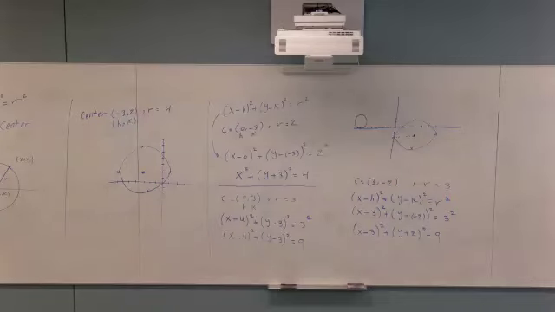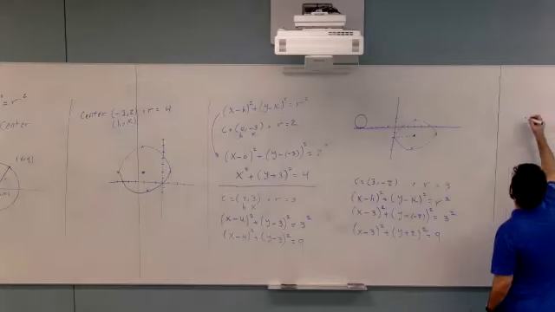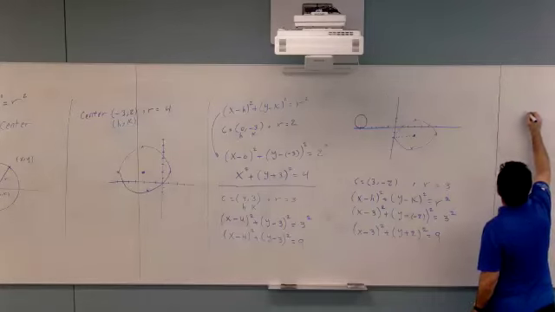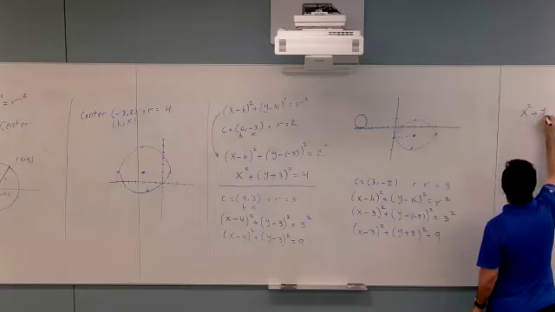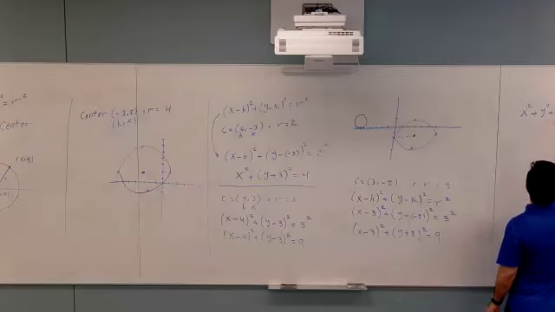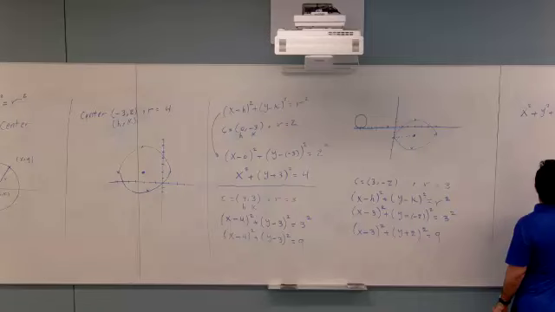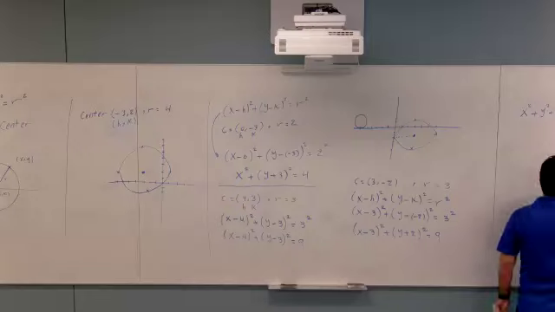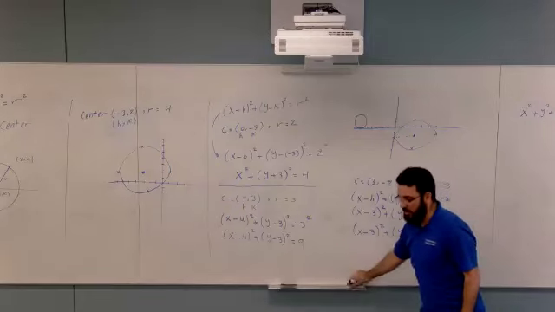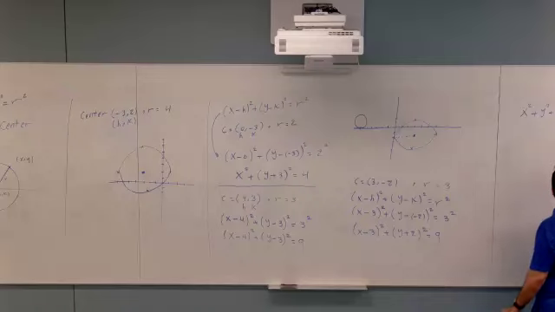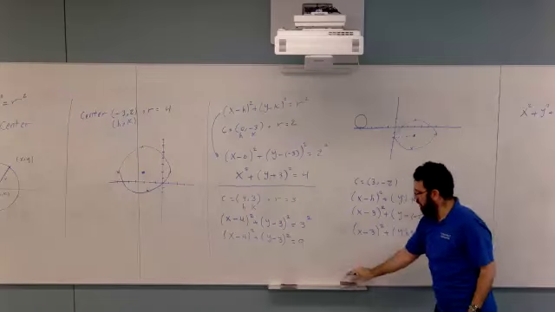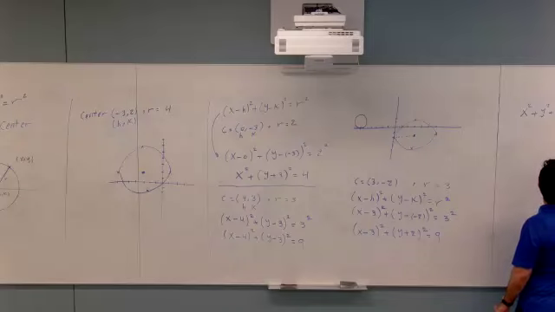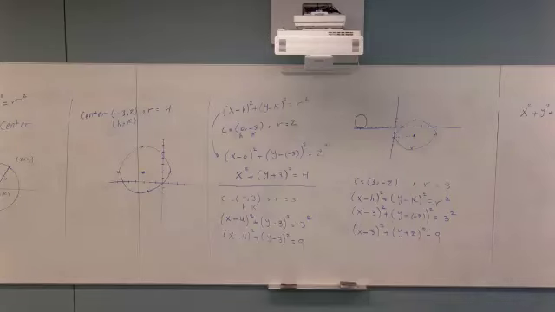So the general form says what? The general form for the equation of a circle is x squared plus y squared plus Ax plus By plus C equals 0. So here's the important part. It should be capital B. You say, okay, how am I going to figure it out?